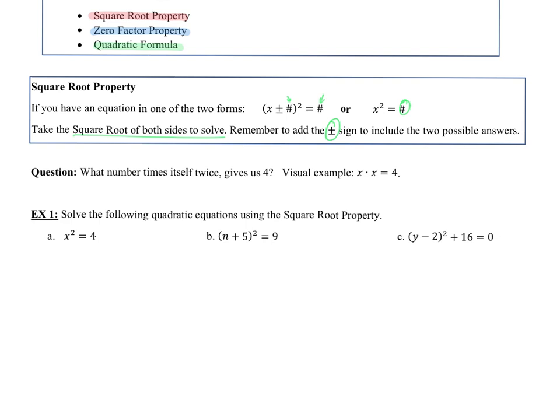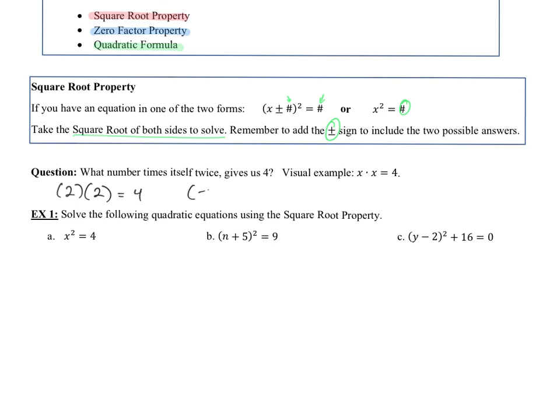So here's the question. What number times itself gives us 4? Here's a visual example of what I'm asking. A number times itself gives us 4. So think of the number. Well, one number I can think of is 2 times 2 gives me 4, right? There is another one that would give us 4.